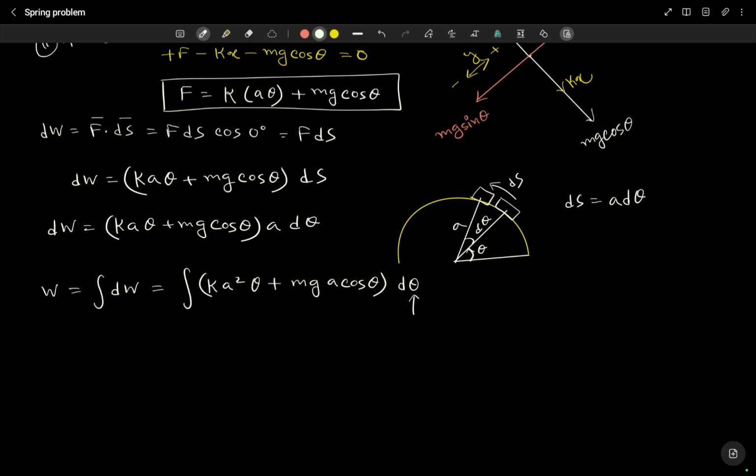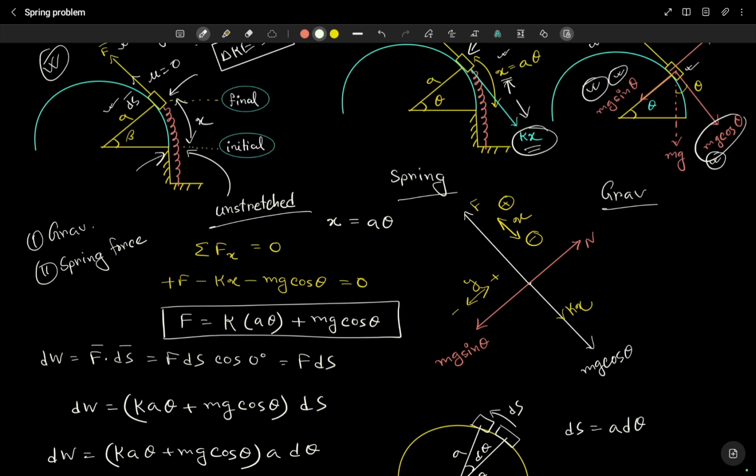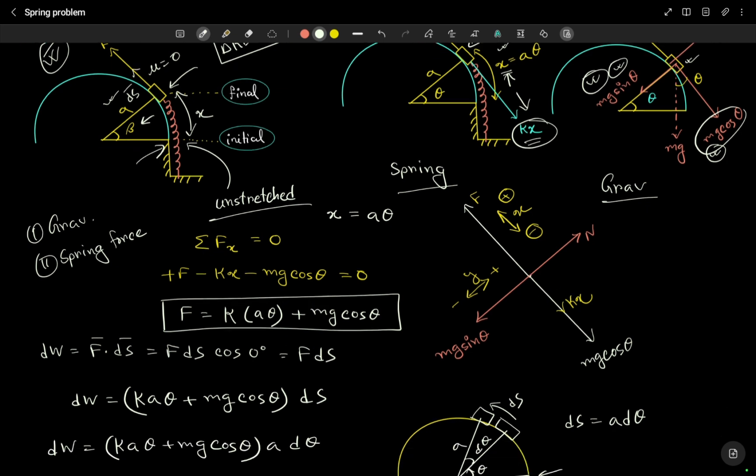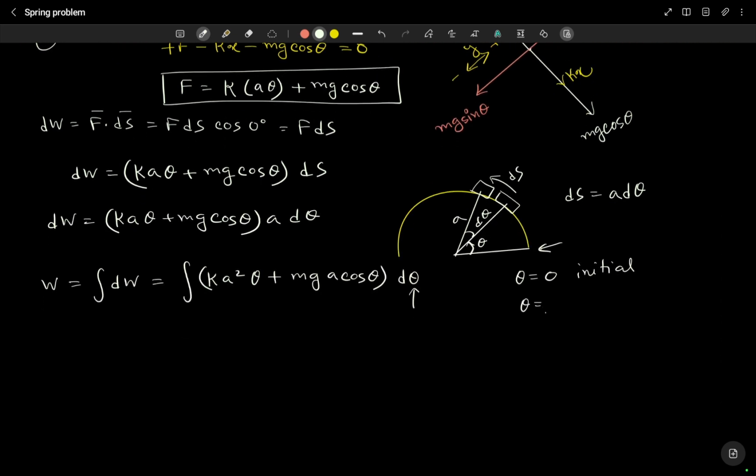The initial position, from where we are going to calculate work, was here, so theta was equal to 0 initially, and at the final stage the angle was taken to be beta. So theta will be equal to beta at the final stage. So W will be equal to the integration with the bounds from 0 to beta.